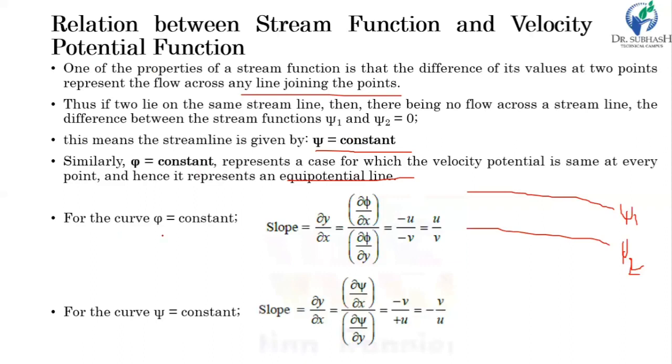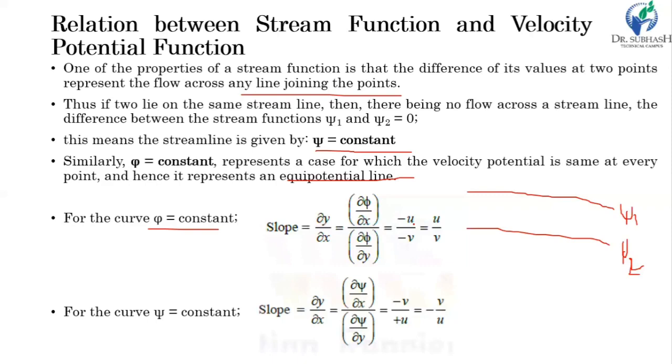So for the curve where phi is equal to constant, or we can say for the equipotential line, if we take the slope, then it is del y by del x. Then the value of phi is del phi by del x and del phi by del y. So this is nothing but the negative of u and negative of v, as per the definition.